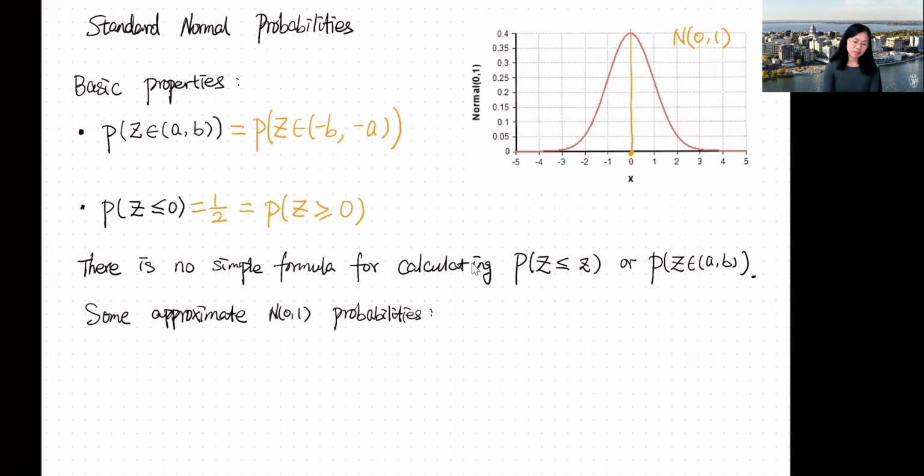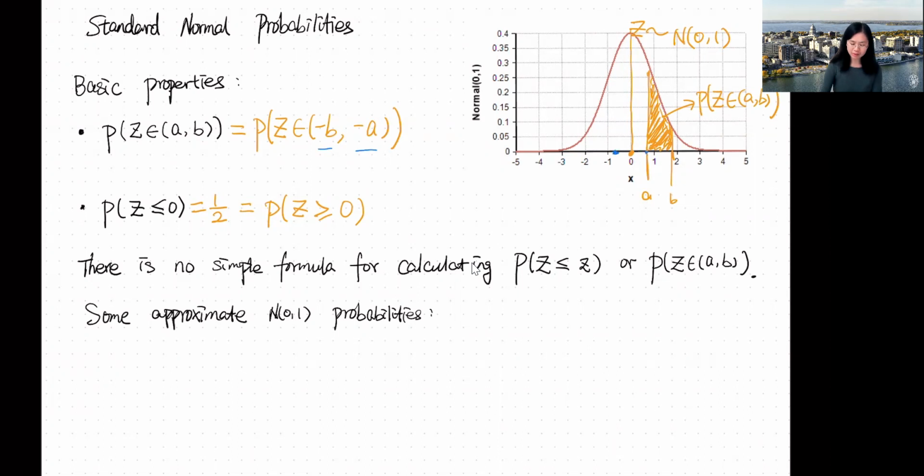Let's say this is a and this is b, and the area under the curve between them is the probability that z, which is standard normal, is in the interval a, b.